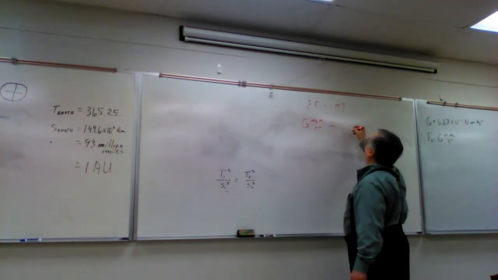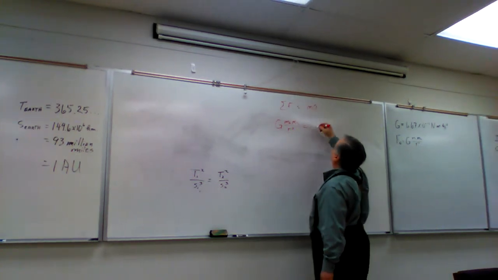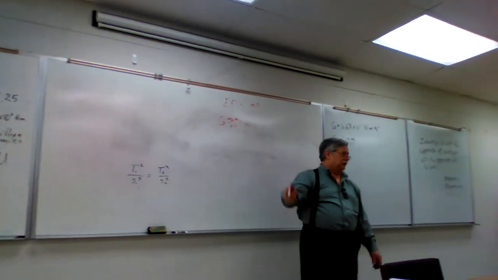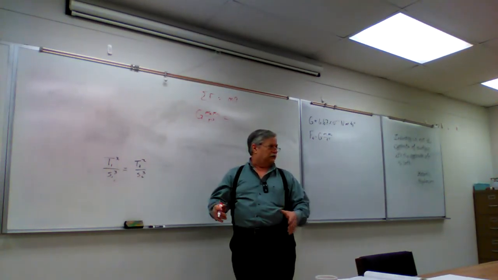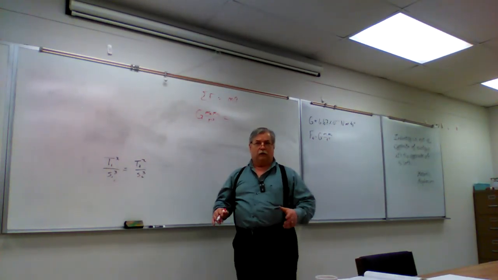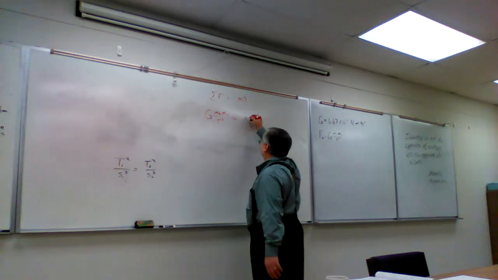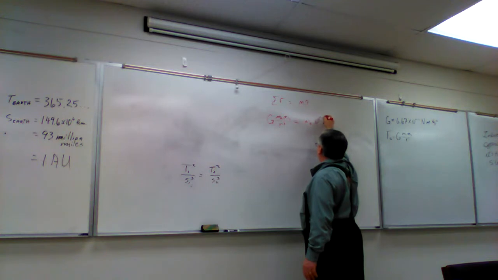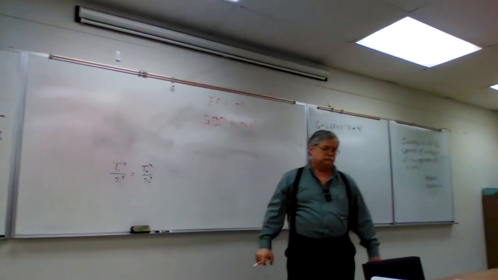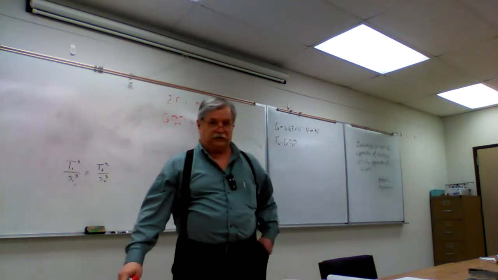That is going to be equal to mass times acceleration. Well, the Earth is moving in basically a circle. So, okay, not exactly a circle, it's an ellipse. We're not going to go into that much depth. Mass of the Earth times v squared over r. It's centripetal acceleration.